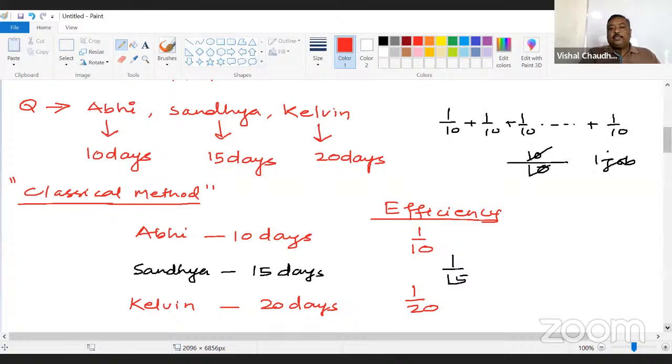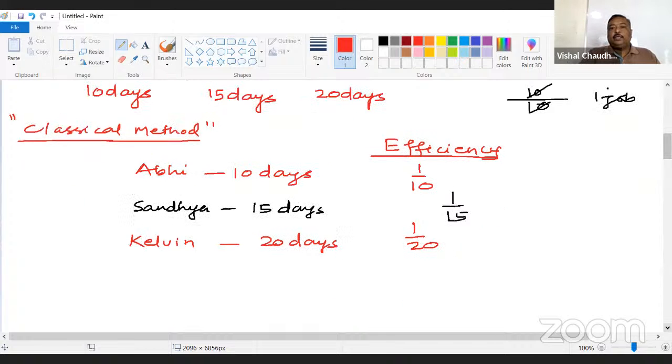Now, what I will do is find out their combined efficiency, because I have a question. Let's say A plus B plus C, that is Abhi, Sandhya, and Kelvin, ASK, will do it in how many days? So let's say we have 1 by 10, 1 by 15, and 1 by 20.